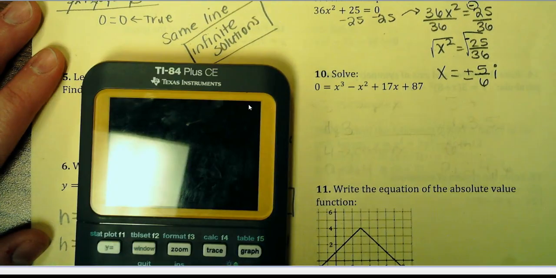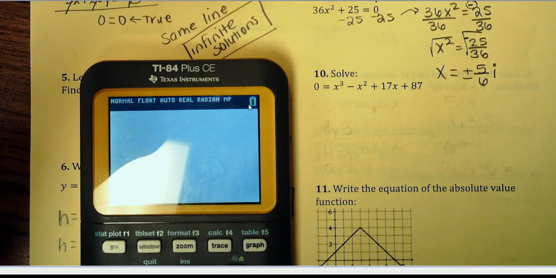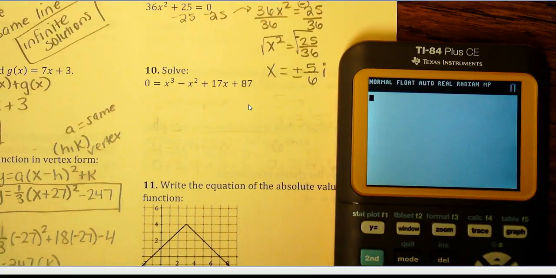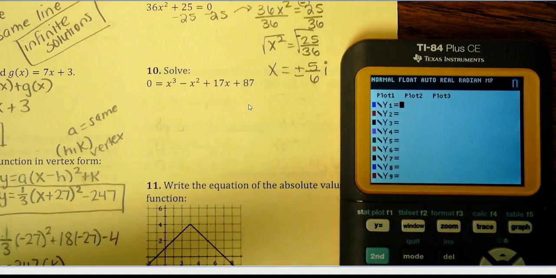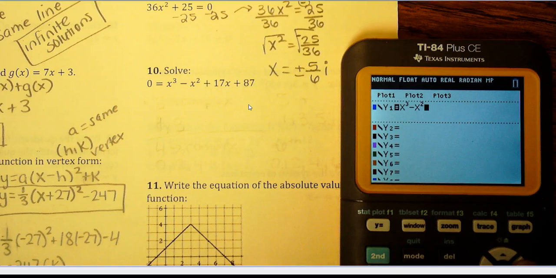Now, for number 10, I don't have any information given to me, and I do have a glare on the screen, so let's move this over here, see if we can get rid of that. First thing I want to do if I have a polynomial function I don't have any information about, I'm going to type that polynomial into my y equals, and I'm going to see if I can use the graph to get myself a 0.